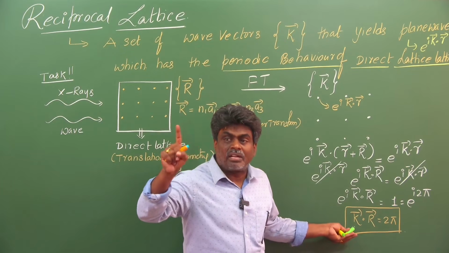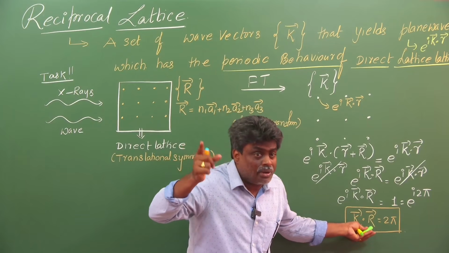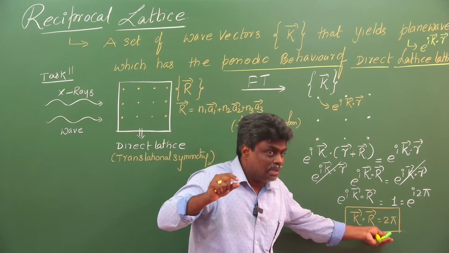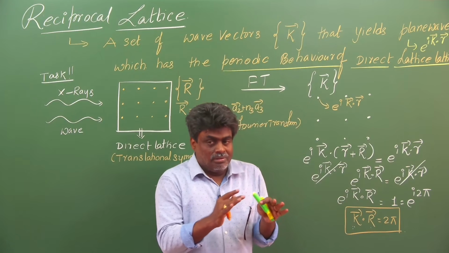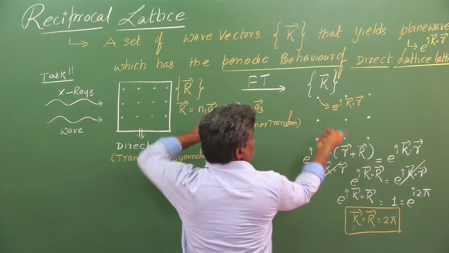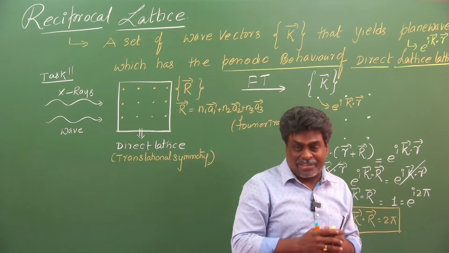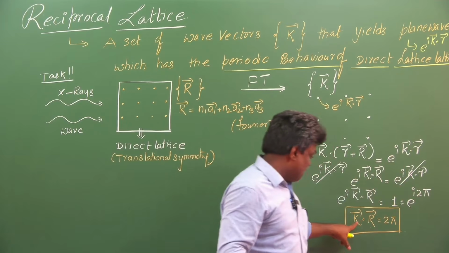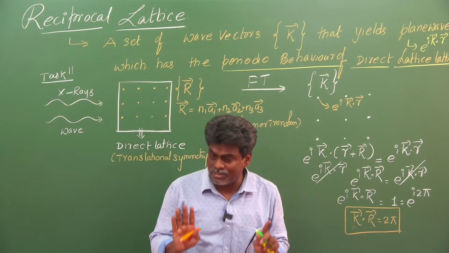Whatever wave vector you are using, that vector and the corresponding real vector's dot product should be equal to 2 pi. Only then can we use that reciprocal lattice. So simply taking k vectors, we cannot say this is the reciprocal lattice; it should satisfy this condition, k bar dot R bar equal to 2 pi. Everybody understand up to this?